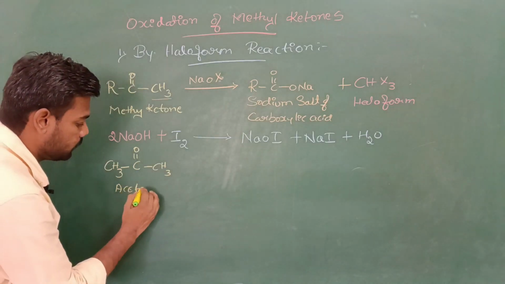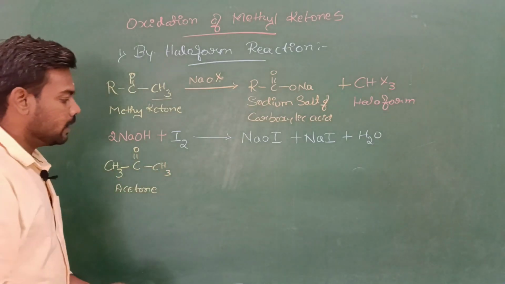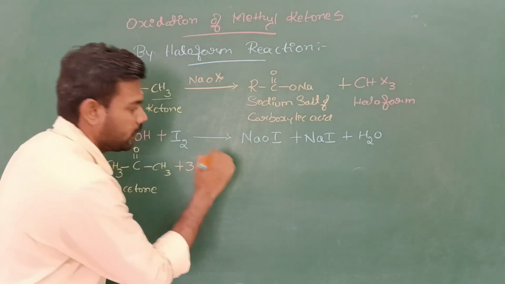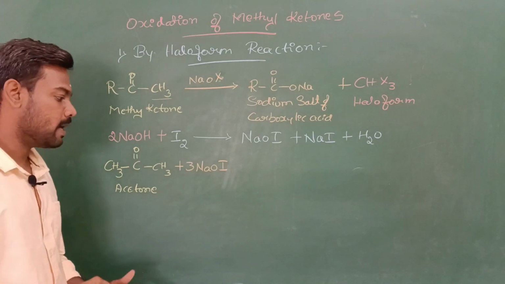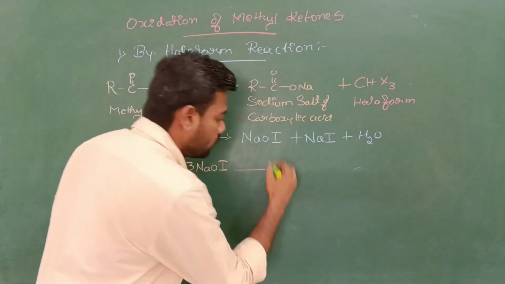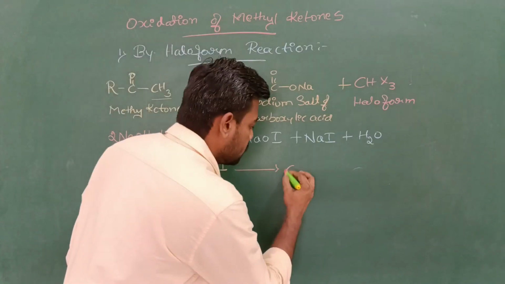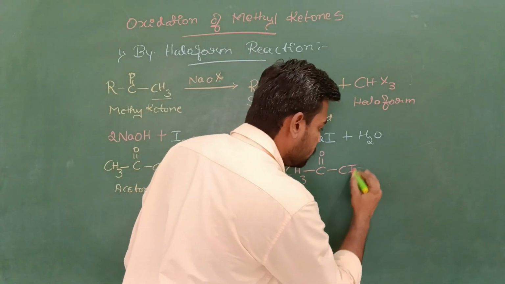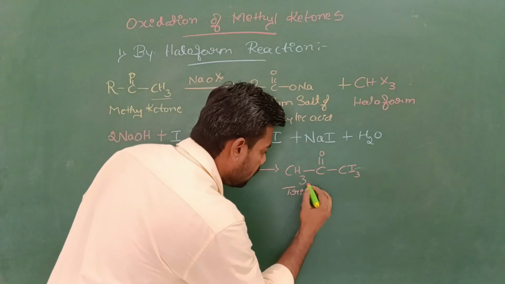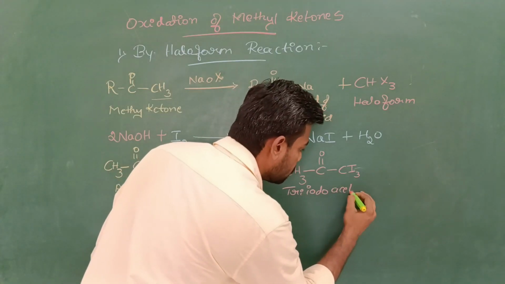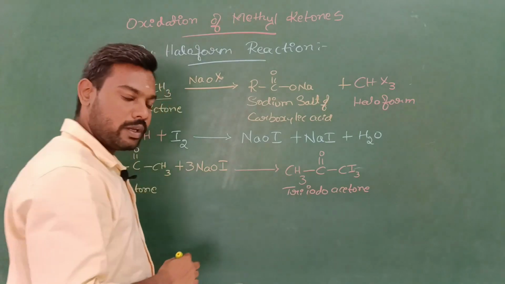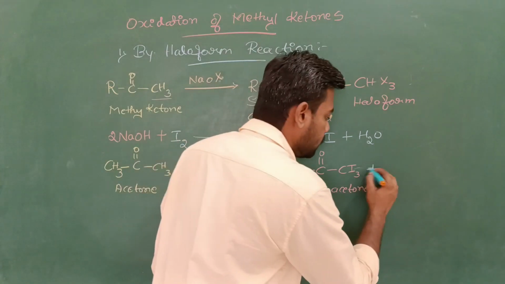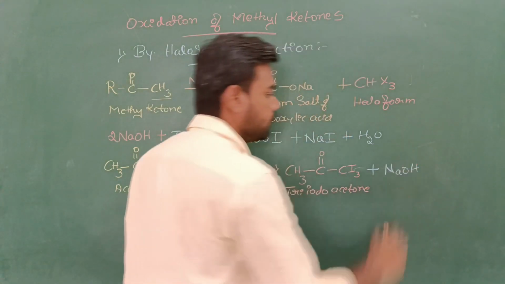Acetone on reaction with 3 mole of sodium hypoiodide forms CH3 single bond C double bond O single bond CI3, which is known as triiodoacetone, or 1,1,1-triiodoacetone, and sodium hydroxide will be obtained.